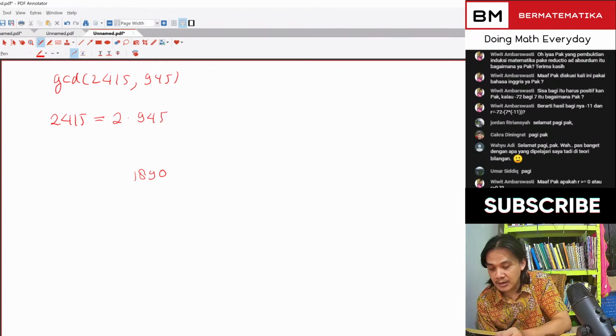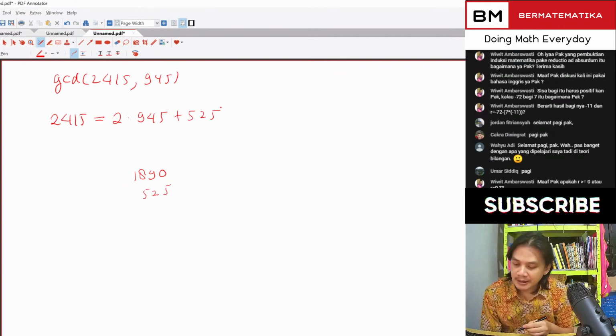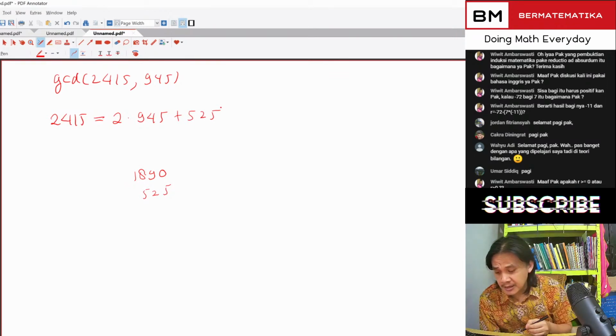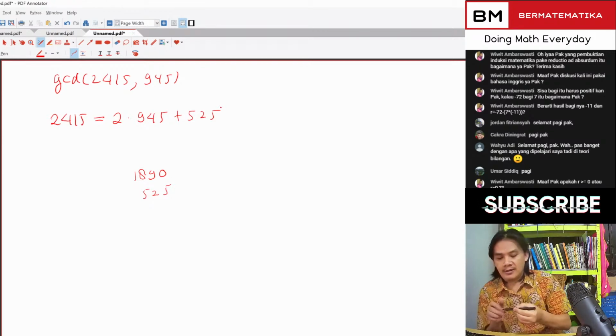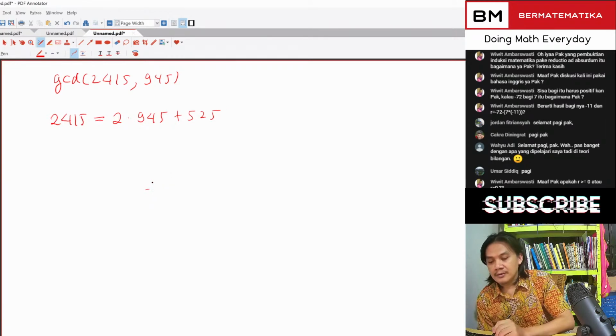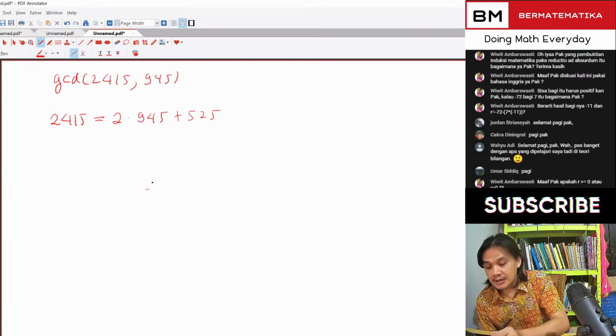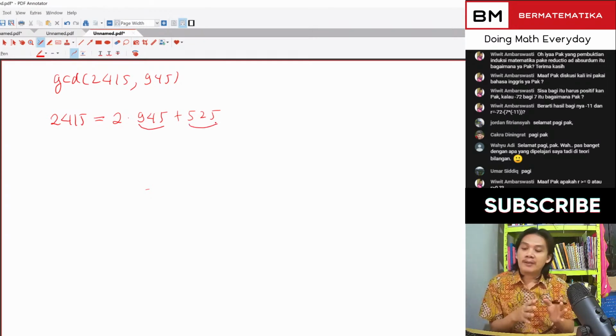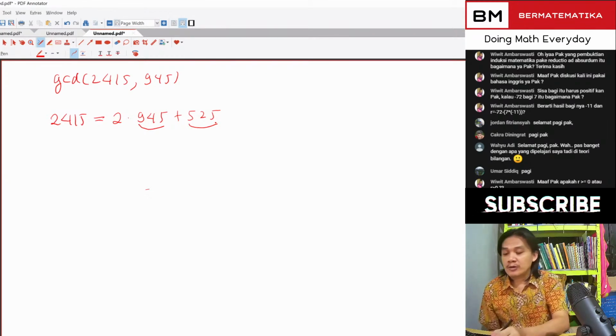I'm not good at arithmetic. 525, I guess. Please correct me if I made a mistake. Okay. So this is the B, that's the R. And then you apply again the same algorithm to these two numbers.